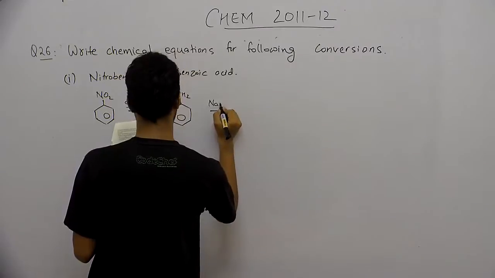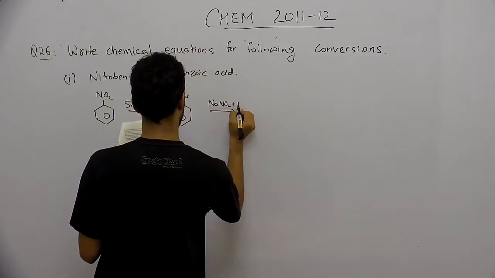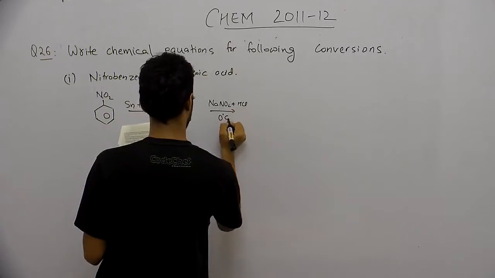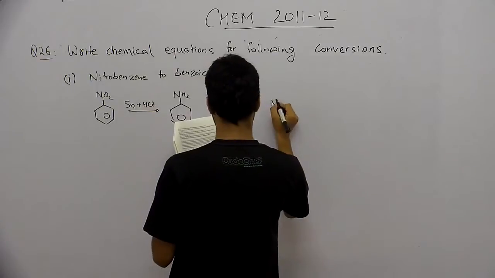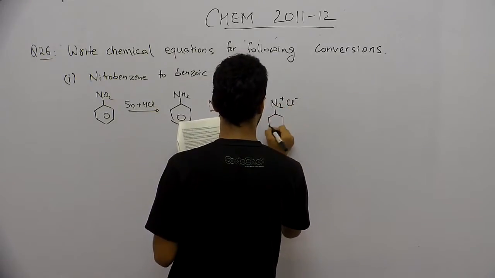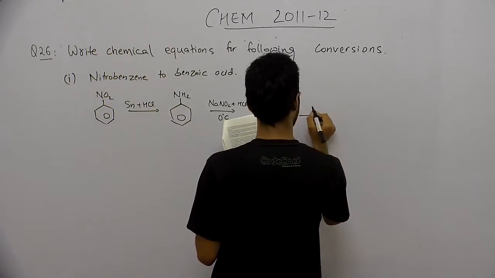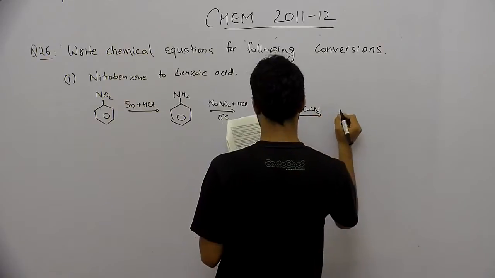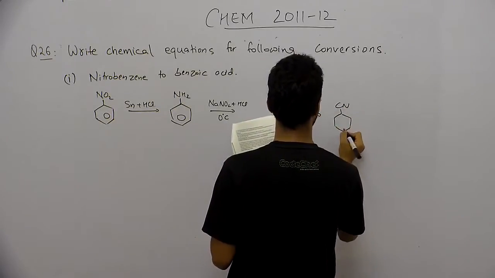do the Clement reaction at 0 degrees Celsius. We will get, and finally we will react it with CuCN to get this.